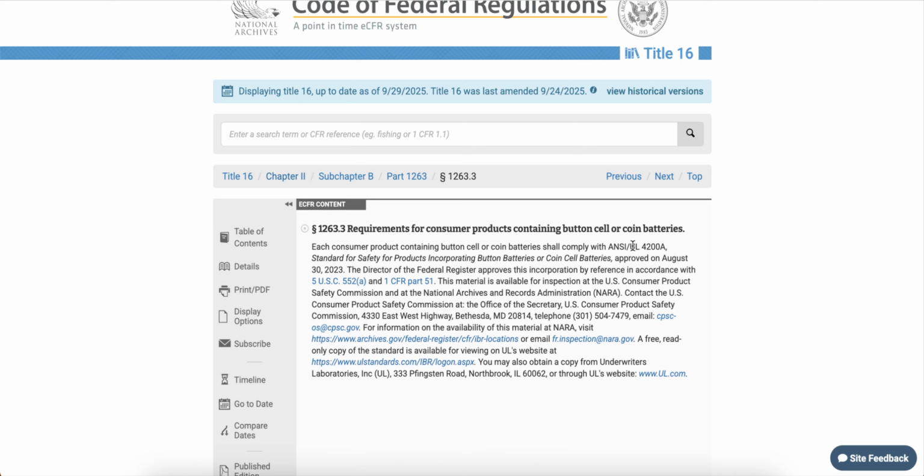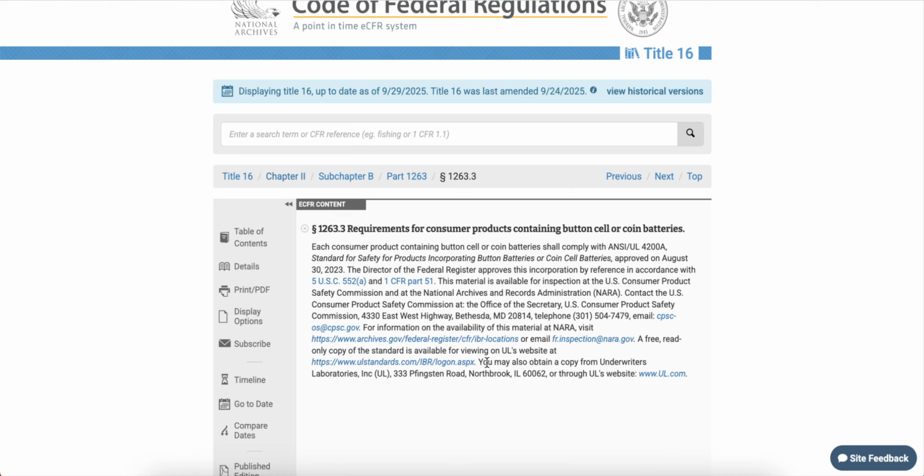And luckily, at least in the United States, you can often find free read-only versions of said standards if you go through the ECFR. Now, I'm not going to show this, but you can do so by following the procedure if you go to ulstandards.com. Okay?